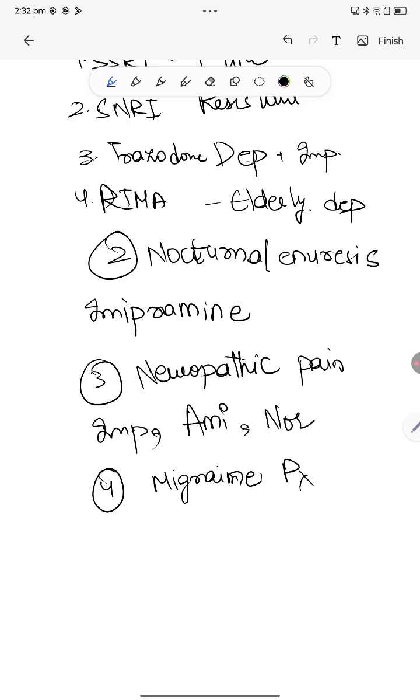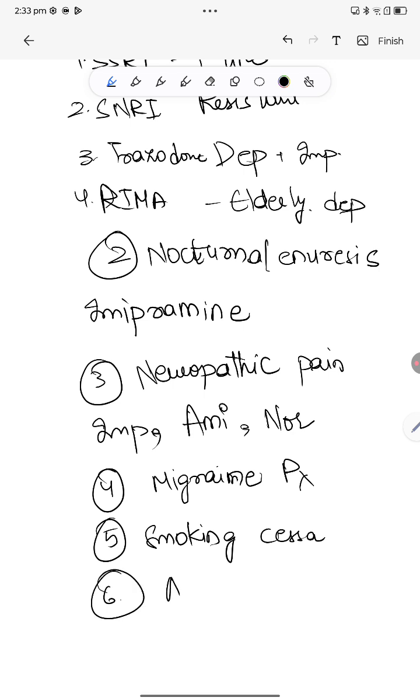For migraine prophylaxis, antidepressants like amitriptyline and nortriptyline are preferred. Bupropion is used in smoking cessation. And then we also know about certain conditions like ADHD.